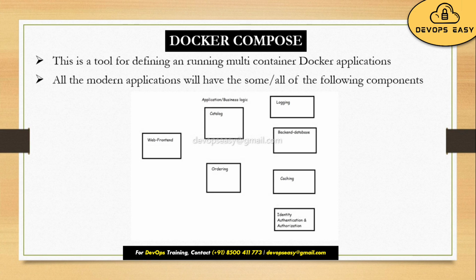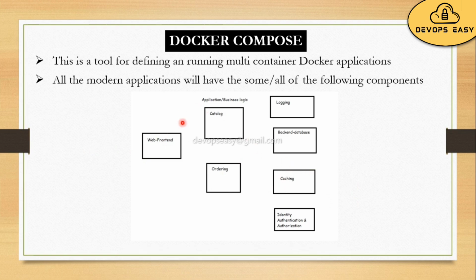For every application there will be different components, right? There will be some front end, some order, some cache, some catalog, some identity and access. That is, whenever people log in, they will use user ID and password.